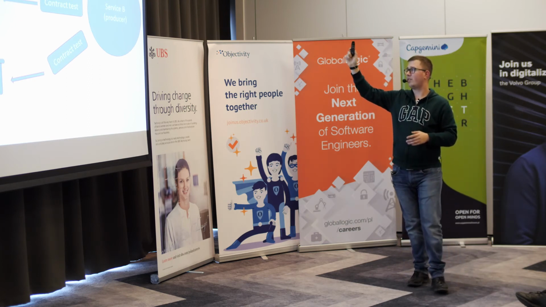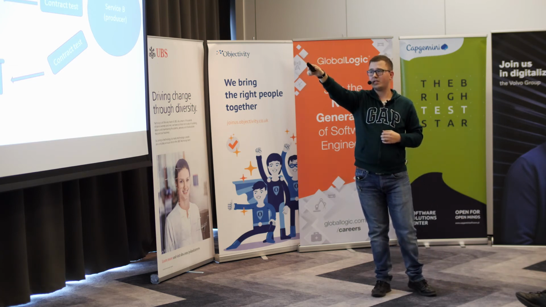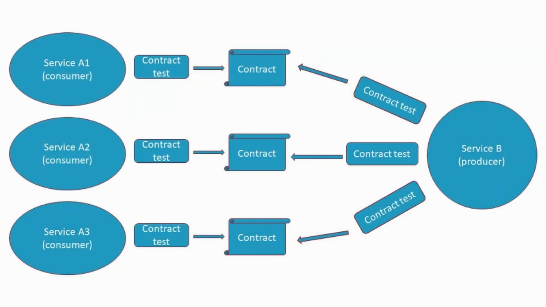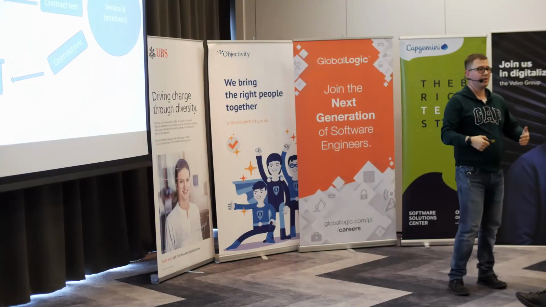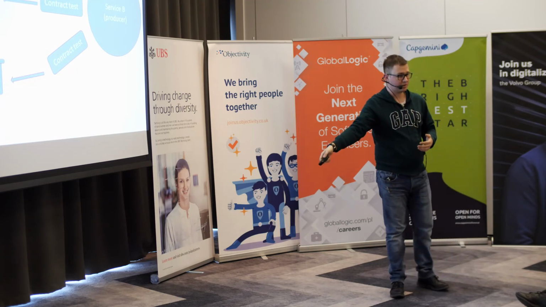If service B makes a change that will break service A1, A2, or A3, the developer of service B will be automatically notified during the test run that this particular change in the API will break these contracts.